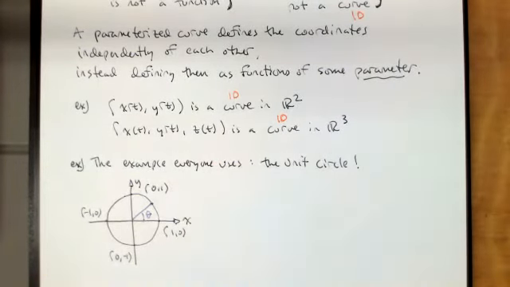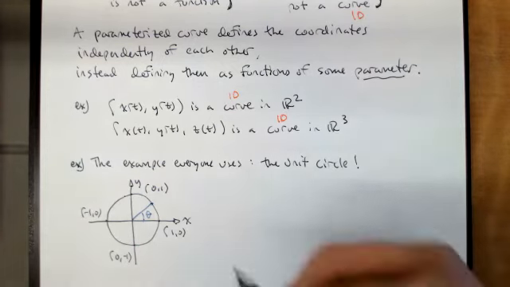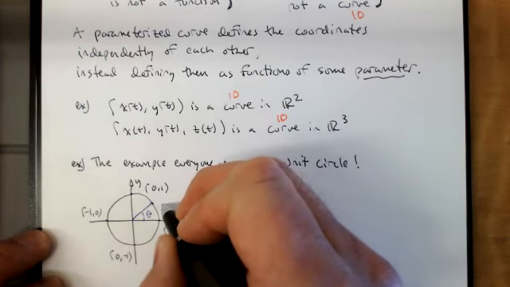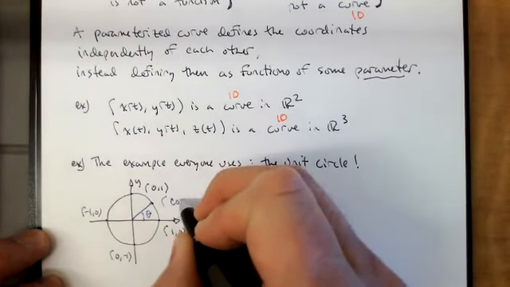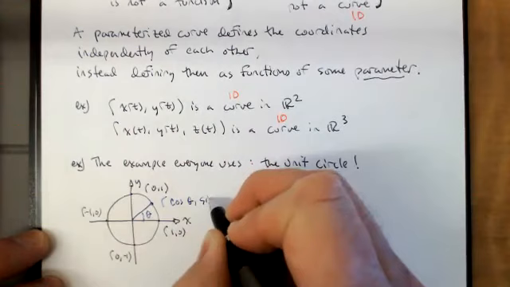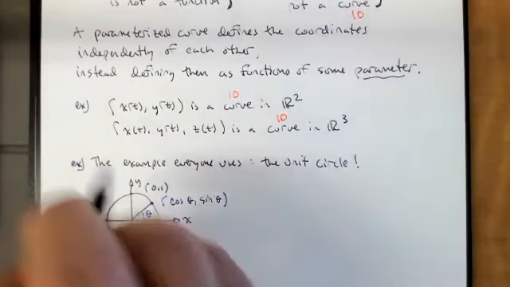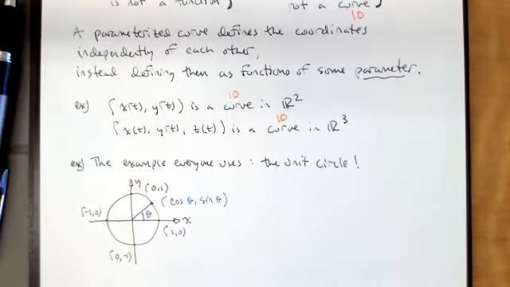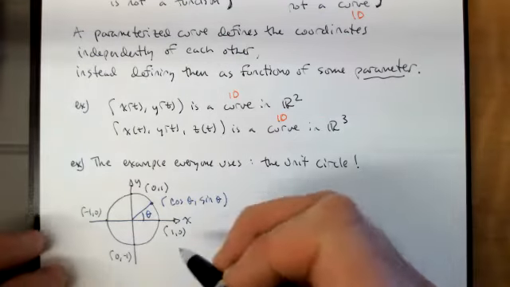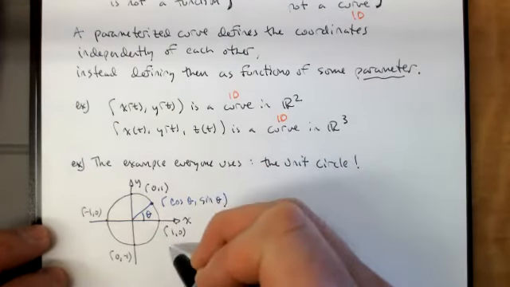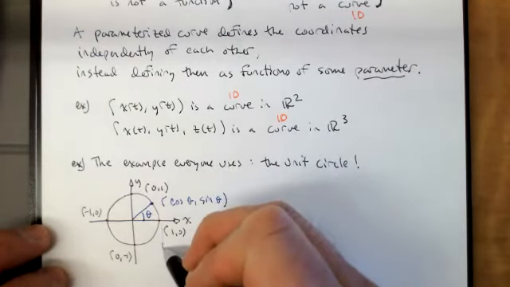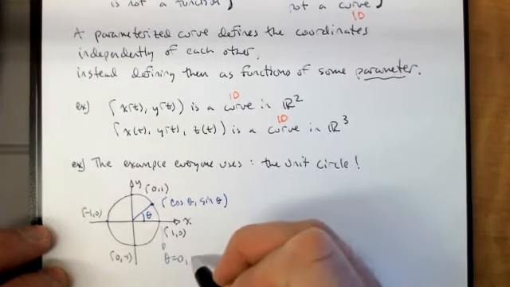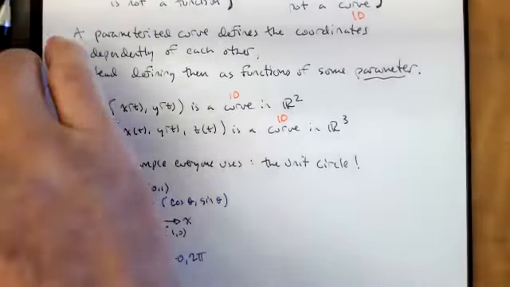The coordinates of any point, theta units up from x, is going to be cosine theta, sine theta. And this goes all the way around for theta equals 0 all the way up to 2 pi. So this point here is where theta equals 0 and where theta equals 2 pi.